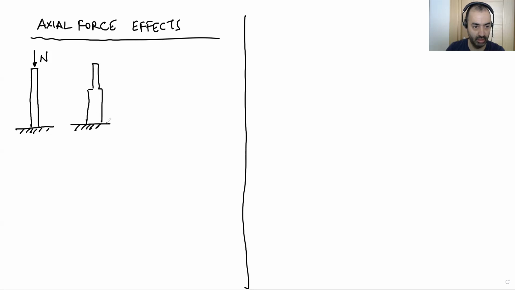This is another type of column. Or we may see cables. If you remember the statics course, we learned to calculate cables. Cables have only axial forces. These are the examples where we see only axial force effect.